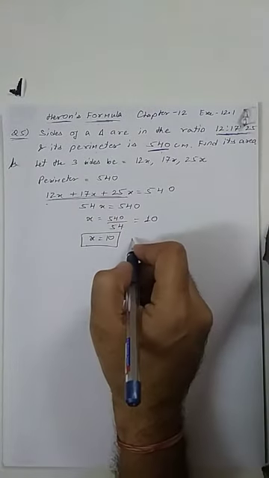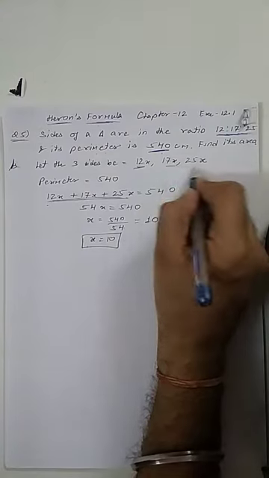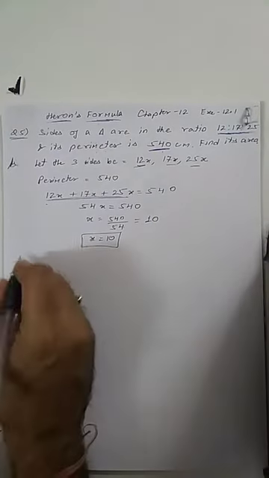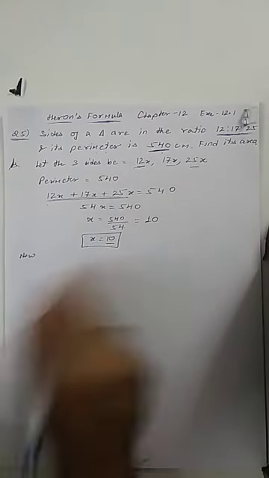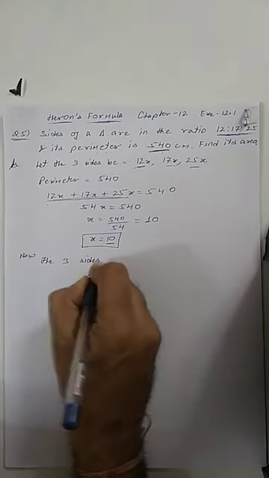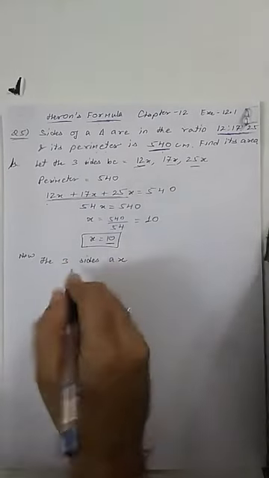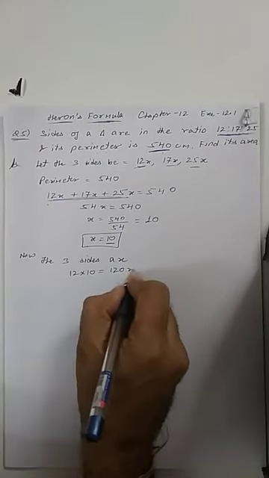Now the original sides. Before, the sides are 12x, 17x and 25x. Therefore, after getting the value of x, the three sides are: 12 multiplied by 10, that is 120.